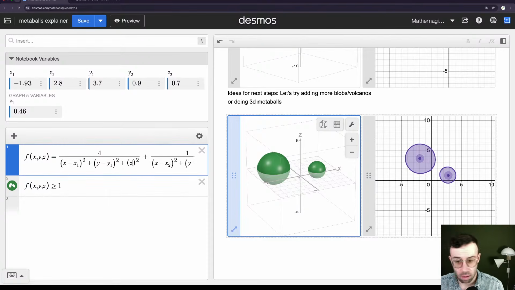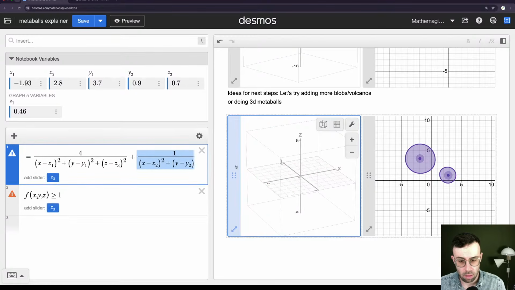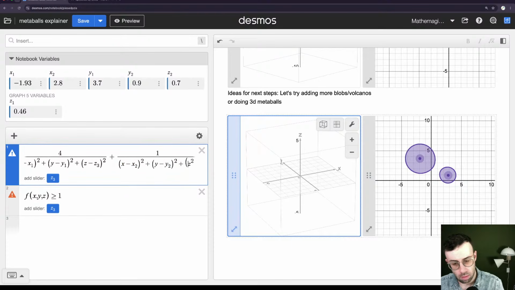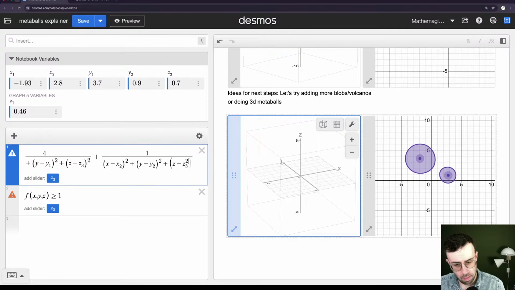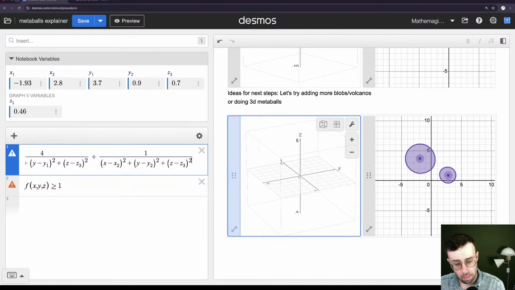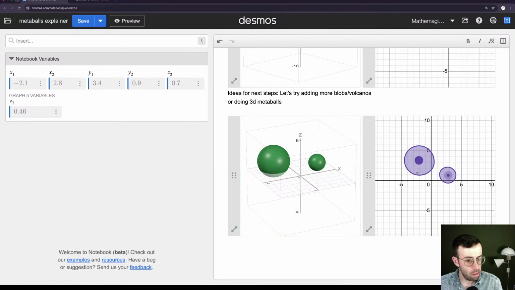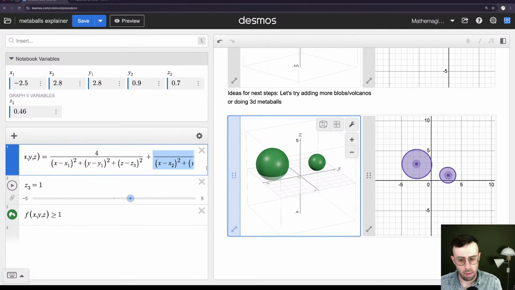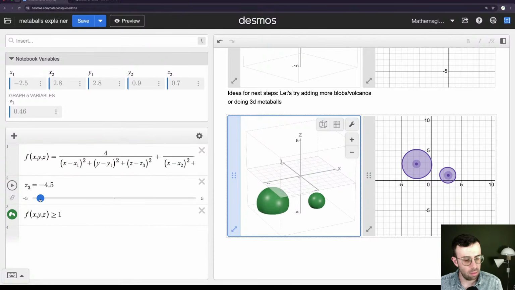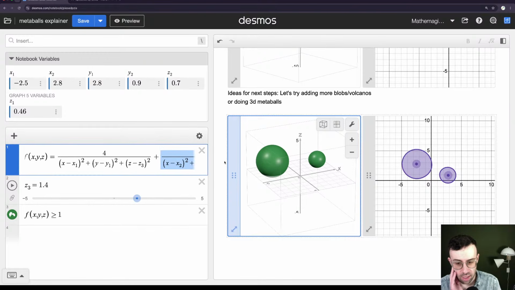Let's see if I understand what you mean. Oh, that's not what I meant. Well, that's kind of fun. Randomly. No, I need Z4.